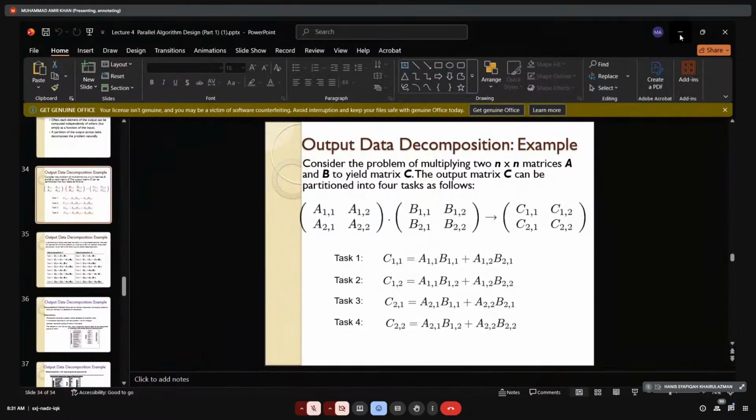Let me check with the date-wise. Okay, week 1, 2, 3. No, this is week number 6. Somebody already told me that this is week number 6, thank you. So we are in week number 6. This is not week 5.